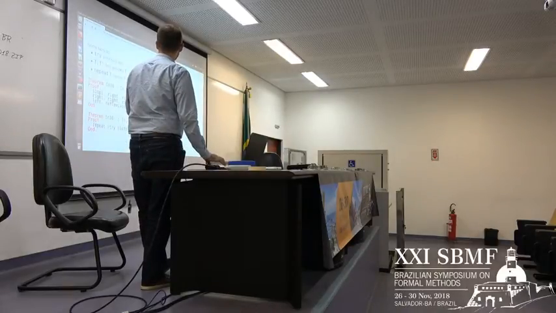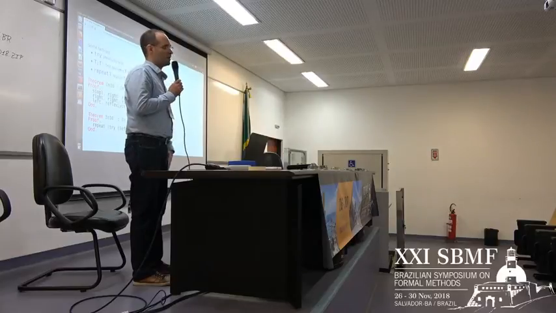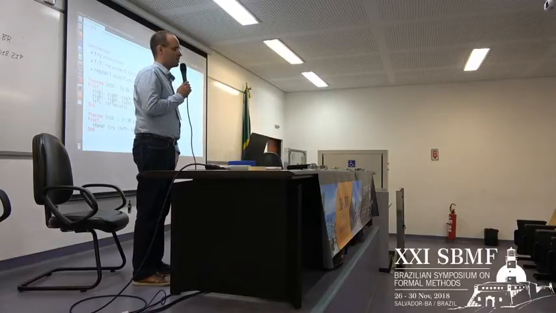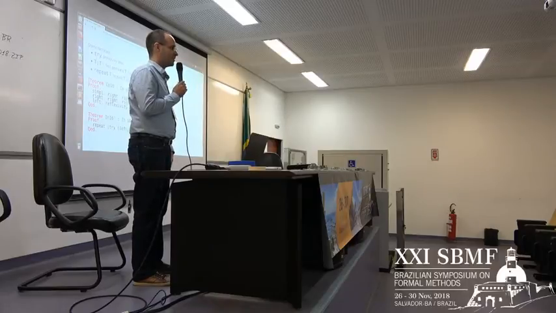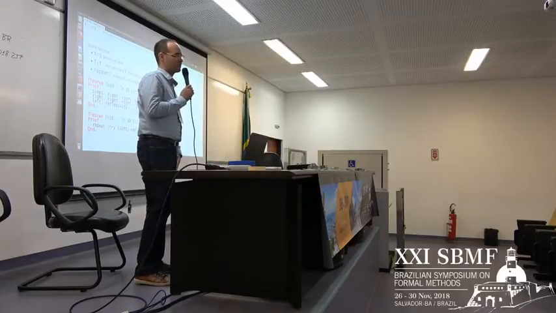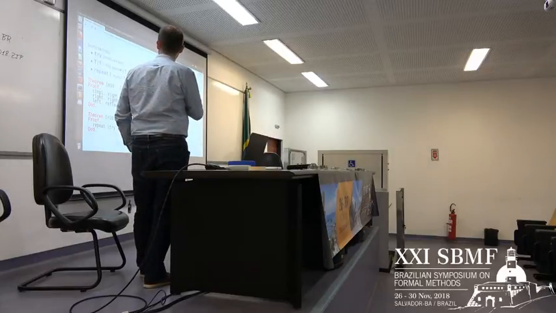Another perspective of automation in Coq is what is called tacticals. So tacticals are kind of a higher-order tactic. It's a tactic that receives another tactic as an argument. One example of a tactical is the try tactical.